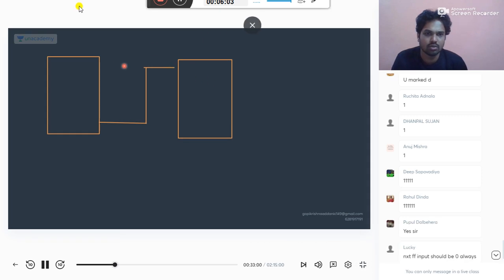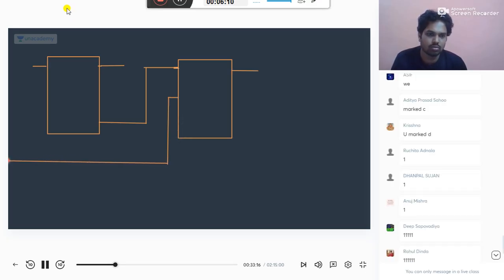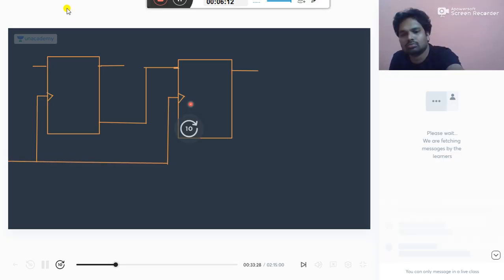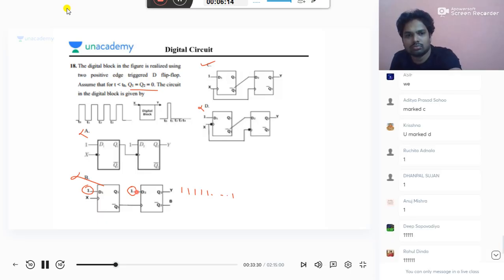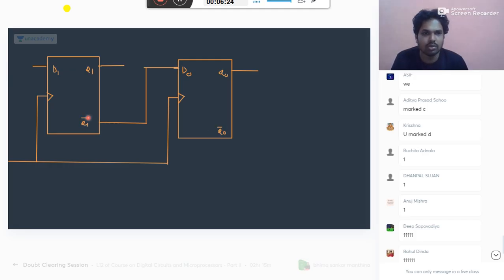And here we have one thing. This is D1, D0, Q1, Q0, Q0 bar, Q1 bar.